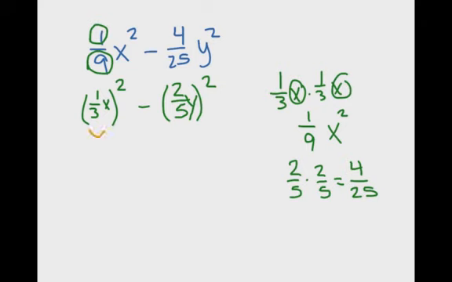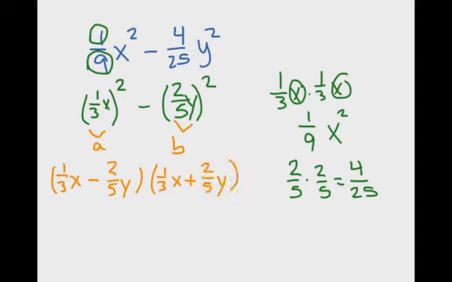So once again, this is our a, this is our b, and now we just plug them into our parentheses. The first one is a, which is 1/3 x, minus b, which is 2/5 y, times our second one, which is a, 1/3 x, plus 2/5 y. Once again, let's check it just to make sure we're right. 1/3 x times 1/3 x is 1/9 x squared.